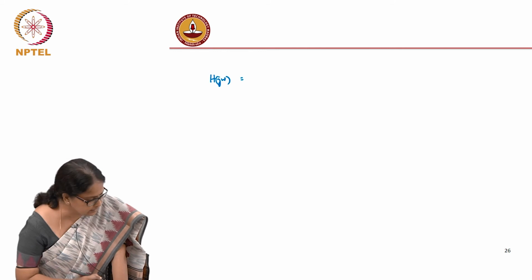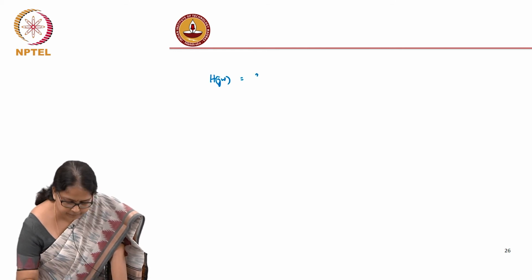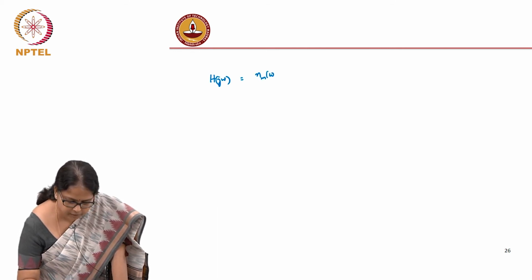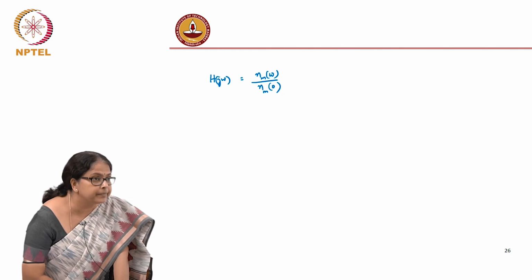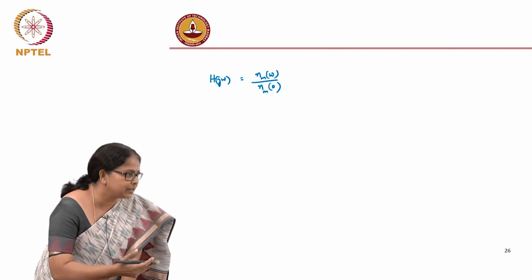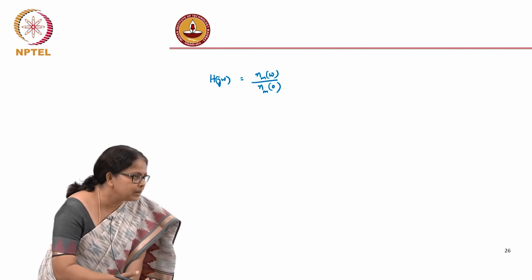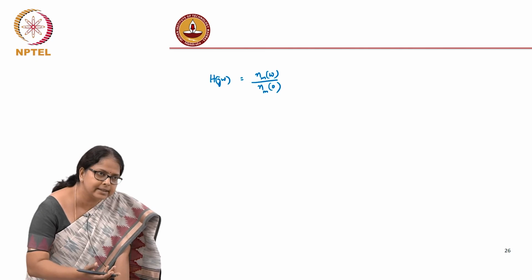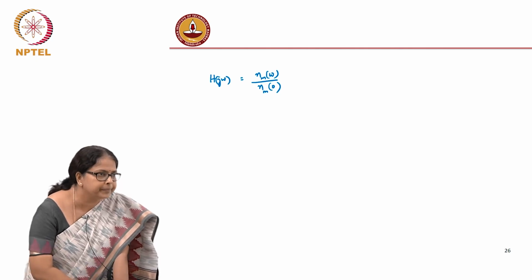I can say that this is nothing but your Nm in the presence of omega divided by Nm with 0 frequency. When you are exciting the system with a frequency, what is my Nm, versus if I do not excite the system with a frequency, what is my Nm.